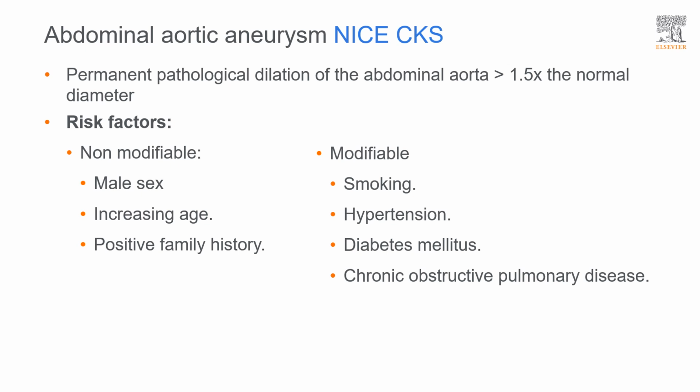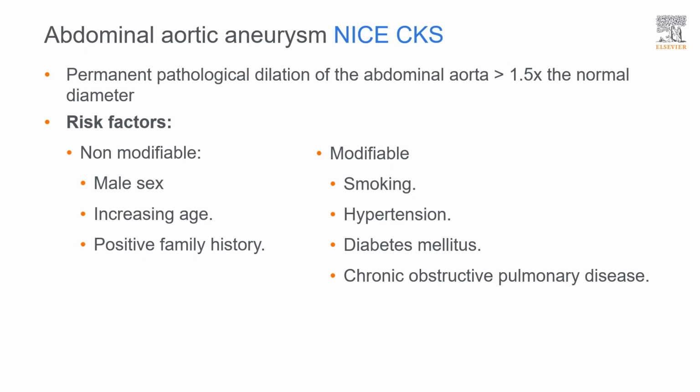An abdominal aortic aneurysm describes the permanent pathological dilation of the abdominal aorta over 1.5 times the normal diameter, which is defined as under 1.5 centimeters in the ascending aorta and under 2 centimeters in the descending aorta.